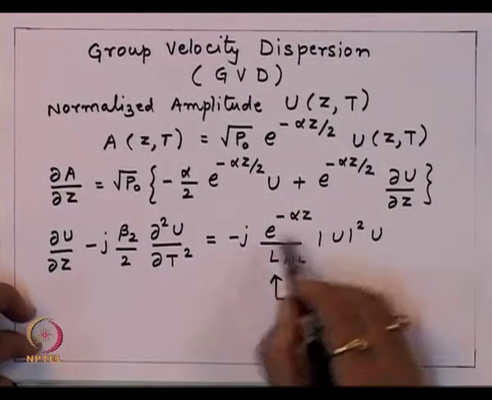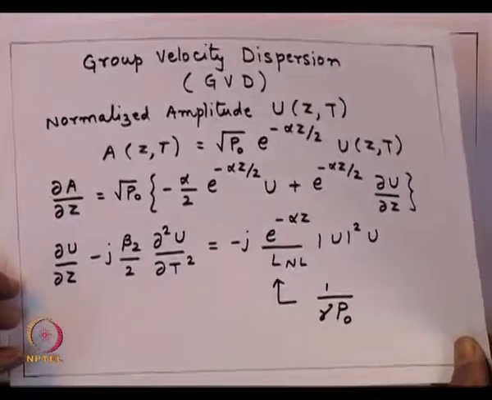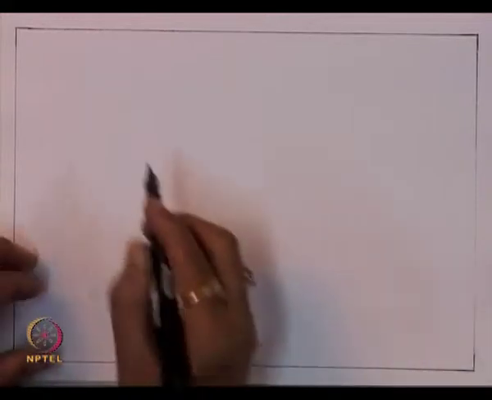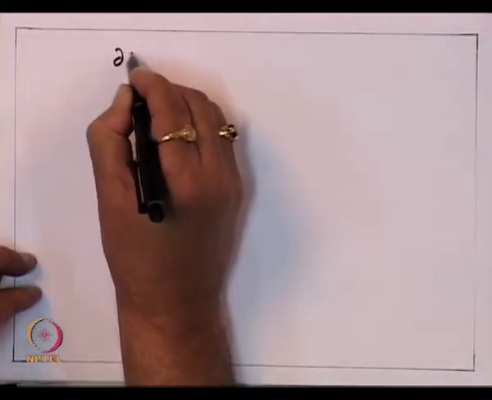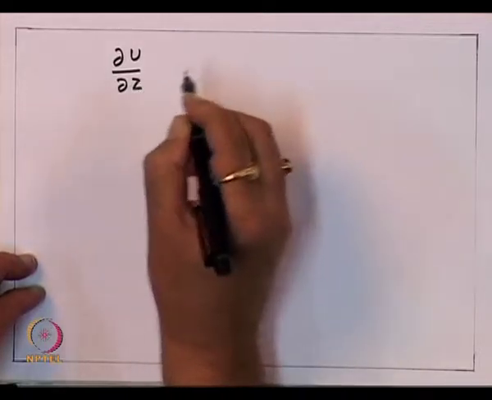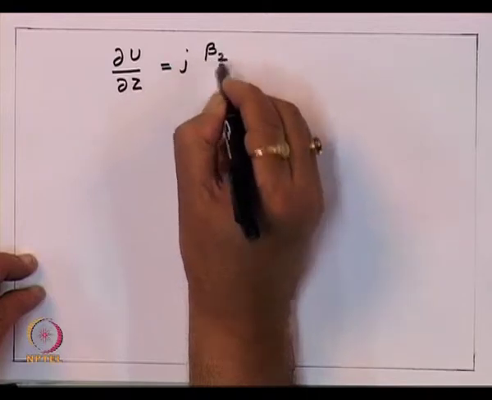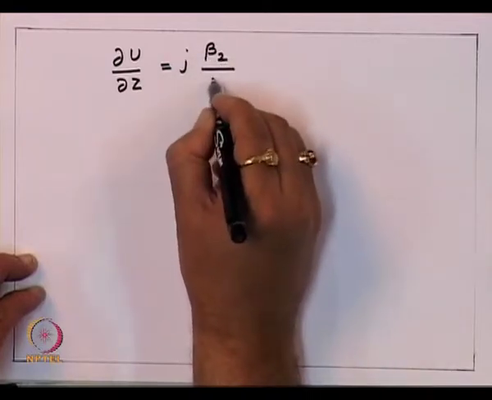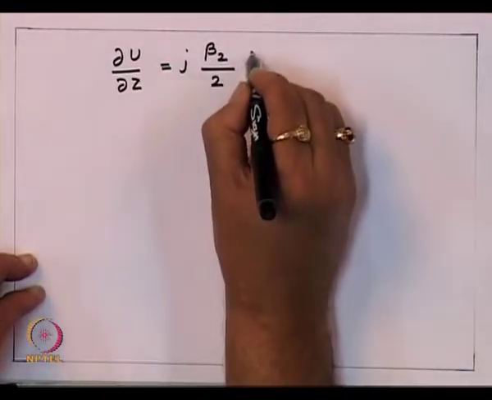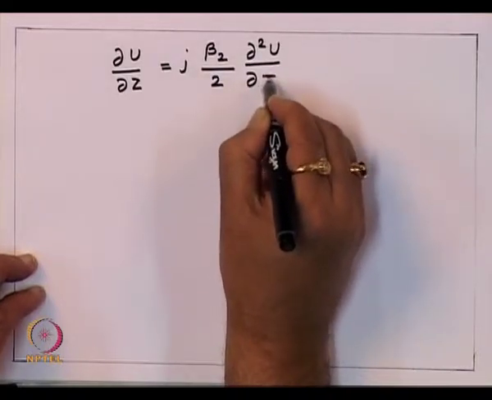In this situation, this term can be neglected, and then we have the equation du by dz is equal to j beta 2 by 2 d2u by dt square.